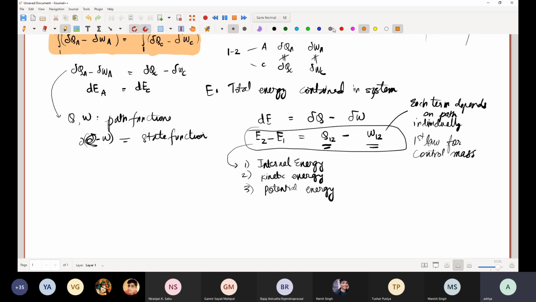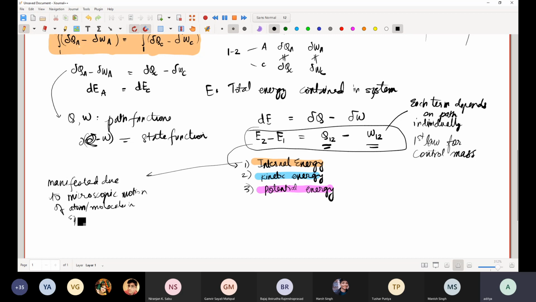Let us discuss each of these three terms: internal energy, kinetic energy, and potential energy. Internal energy is the energy manifested due to microscopic motion of atoms or molecules in the system.